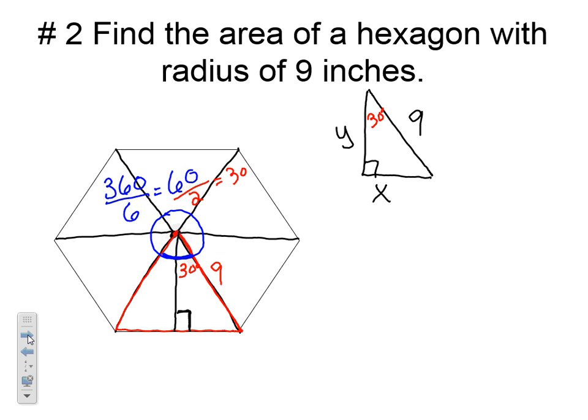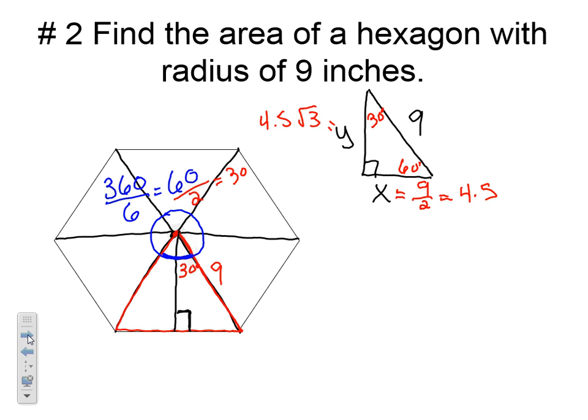Now this is wonderful because we have our rules for 30, 60, 90, so we can make this pretty fast for ourselves. If we do 30, 60, 90 to find our x, our short leg, remember we take our hypotenuse, which is 9, and we divide by 2, so we get 4.5. That's our short leg. To find our long leg, remember we take our short leg, so we take the 4.5 times the square root of 3.